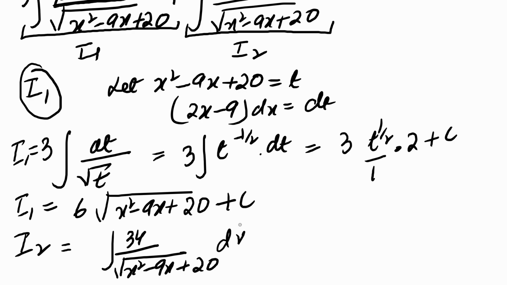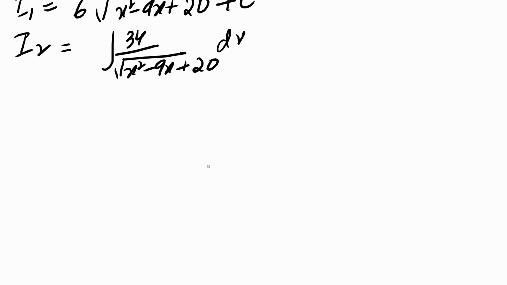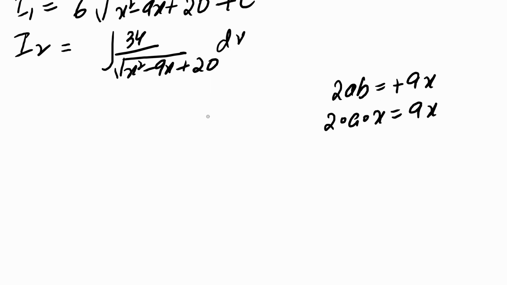So we will try and apply that. For that we will have to use completing the square again. So this time, 2ab is minus 9x, so 2 into a into x is equal to 9x. Minus is not important over here. So a will be 9 by 2.